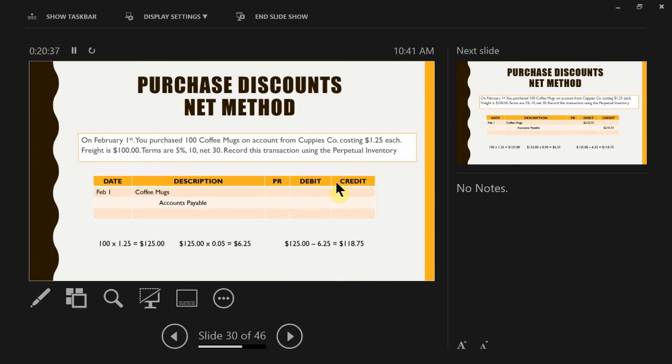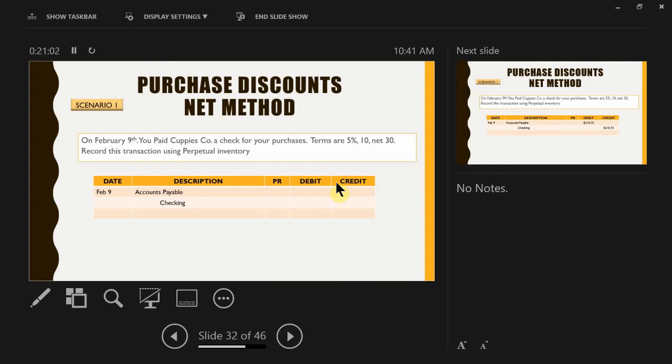So you're going to apply the 5% immediately. From 125, we have to reduce 6.25. Correct. Which means you're only going to be subject to 118.75, plus the freight. You can't forget the freight.